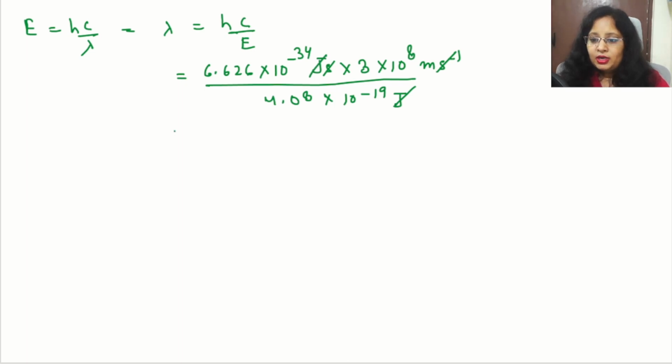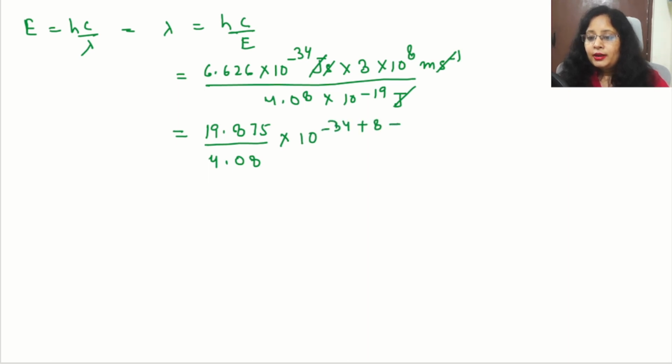Now doing the multiplication, 6.626 with 3, we will get the value 19.875 divided by 4.08, and taking all the powers together, 10 to the power minus 34 plus 8 and minus 19. Minus 19 from the denominator goes in the numerator and changes its sign, plus 19.